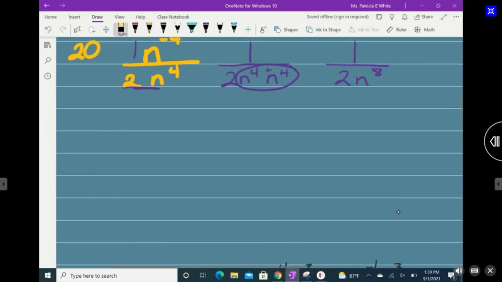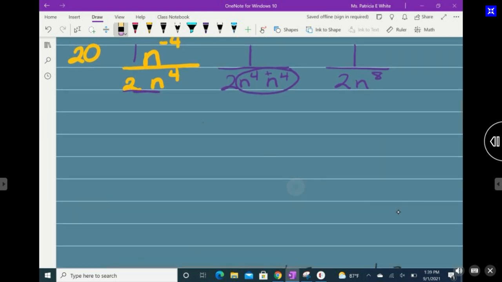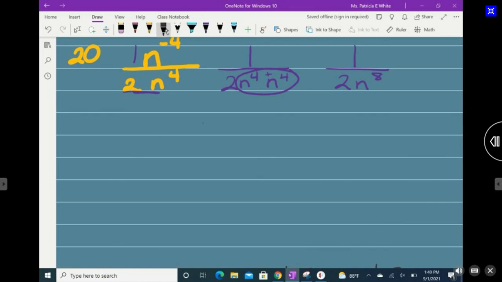Number 22, I have 4 x times 3x to the -4. When I don't have a fraction, where am I at? If there's no fraction going on, is this 6 a numerator or a denominator?